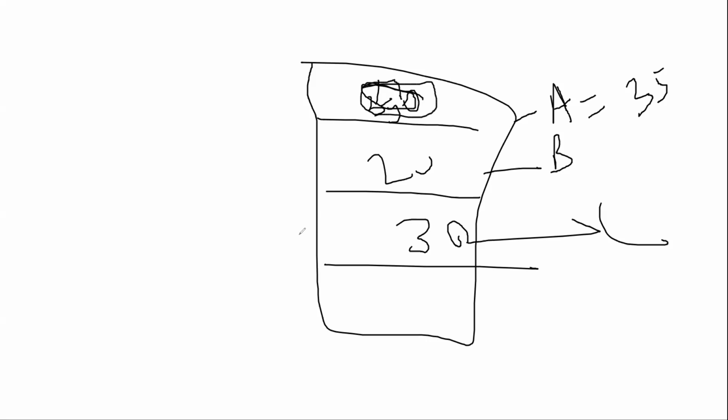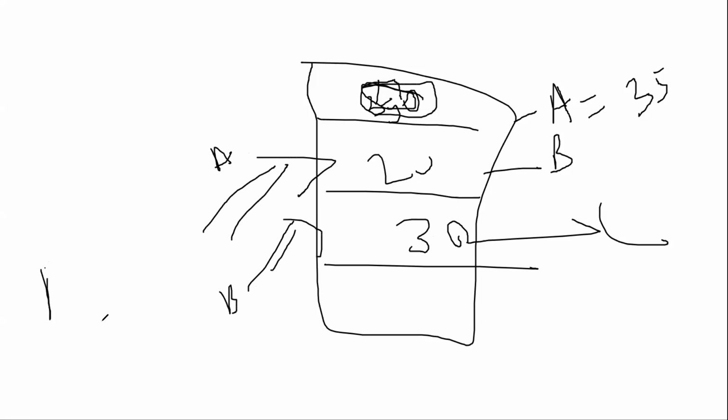But a class is a reference type. For example, if we create an object of a class, we call it A, and create another object and we call it B. Let's say B is pointing to 30, and A is pointing to 20.